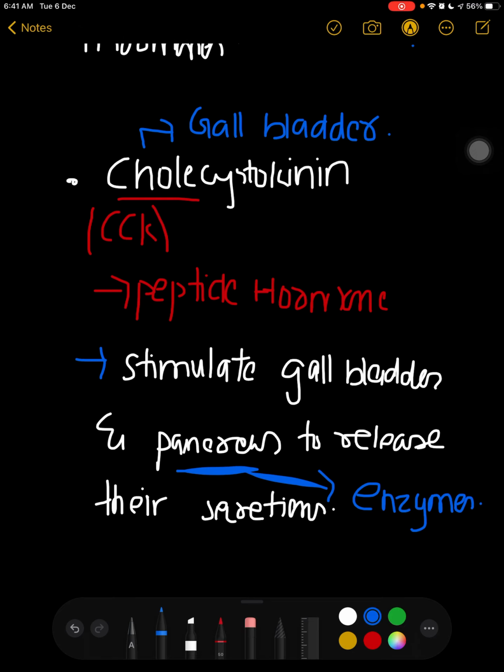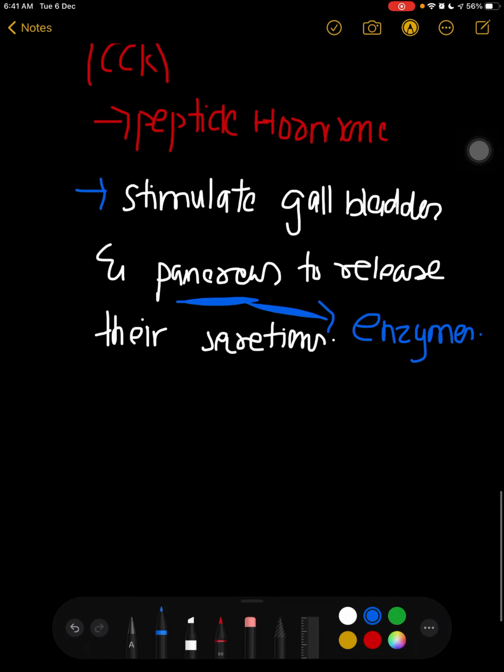Okay, this CCK, cholecystokinin, is released by I cells. Whenever the chyme is quite acidic and comes to the duodenum, this cholecystokinin is released and it will stimulate the pancreas and gallbladder to release bile and pancreatic juice, and that will make the duodenum alkaline.